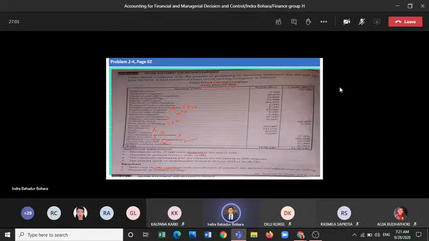Therefore, the unsold stock, stock given on the last date, is closing stock. So it is closing stock used for the calculation of cost of goods sold.